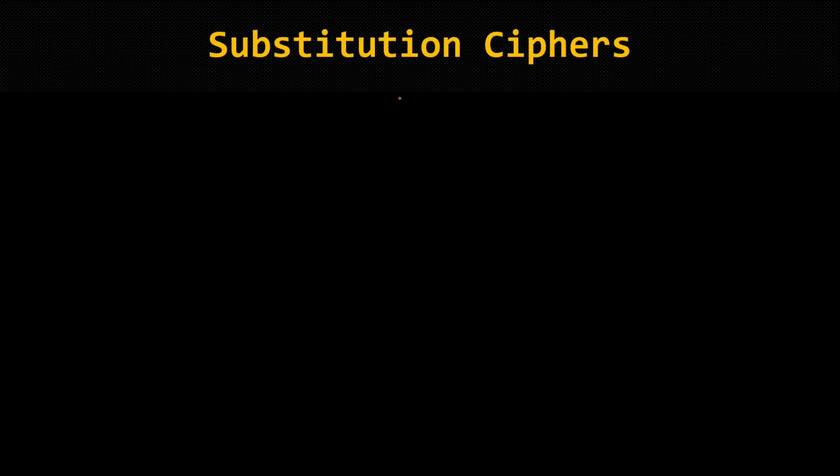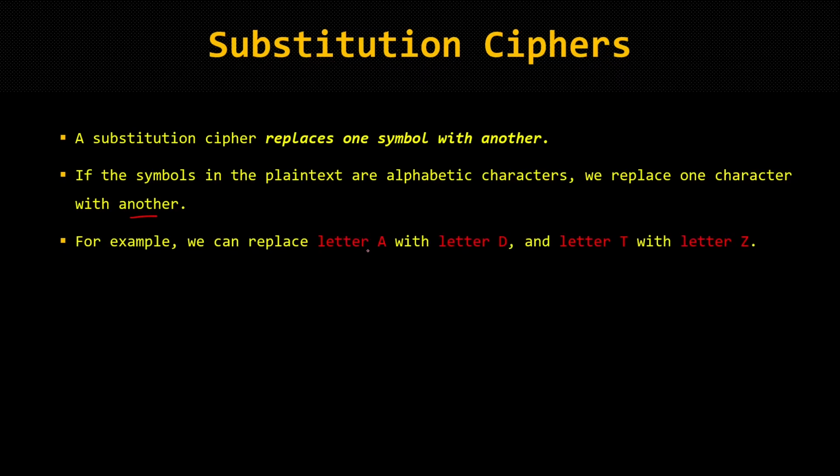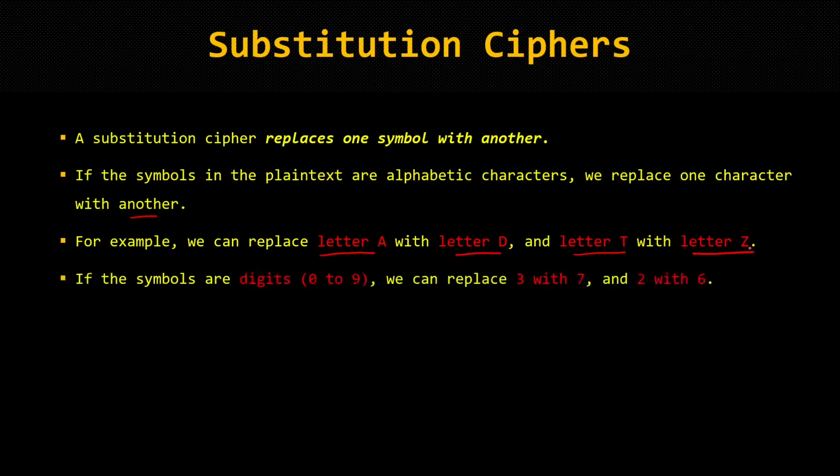Firstly, let us see what substitution ciphers are. A substitution cipher replaces one symbol with another. If the symbols in the plaintext are alphabetic characters, we replace one character with another. For example, we can replace the letter A with letter D and letter T with letter Z. If the symbols are digits 0 to 9, we can replace 3 with 7 and 2 with 6.